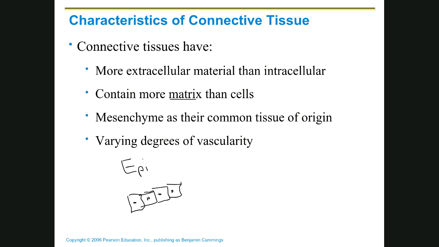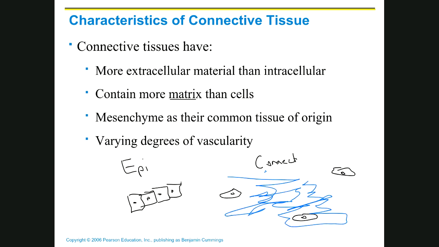But if you look at connective tissues, you might have one cell over here, so here's a cell, but you may not have another cell until way over here or way over here. Well, the space between them is not empty. This space is filled up with stuff. And whatever this stuff is is going to determine the characteristics of this tissue.